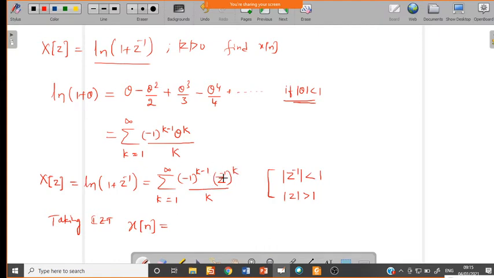If you compare that equation with the standard form, we can write it as summation k equal to 1 to infinity, (-1) power k minus 1 divided by k into delta of n minus k. So like this we can write, and this is your x of n. Okay, understood? Any doubt?